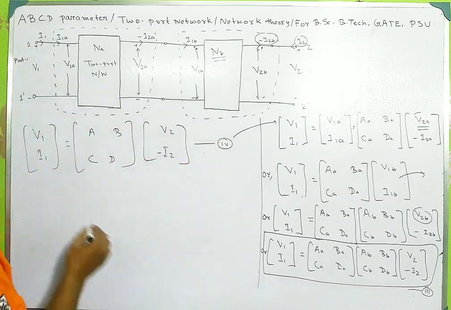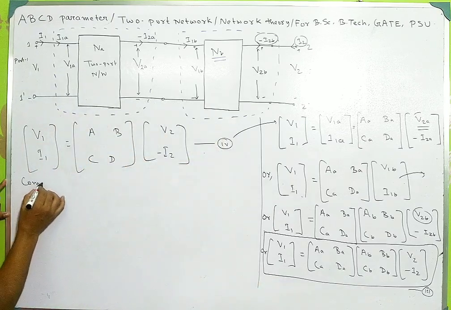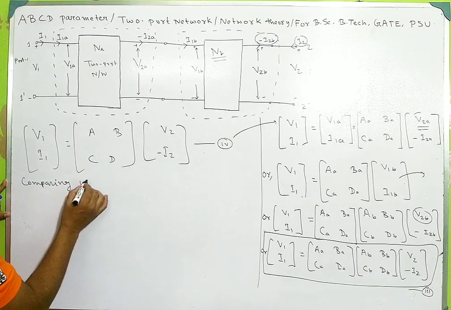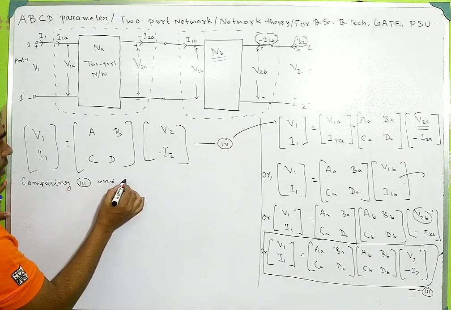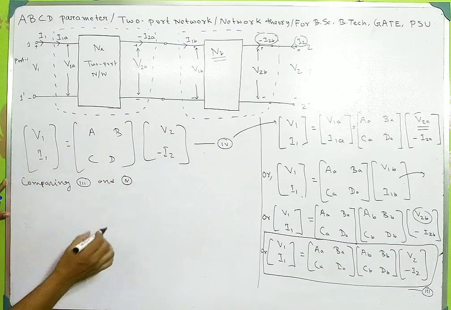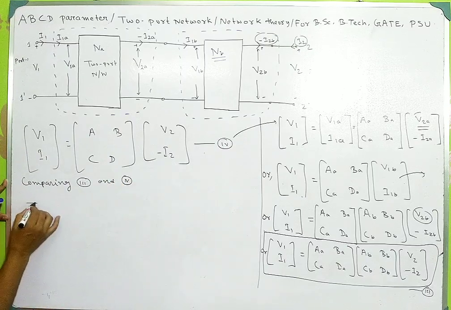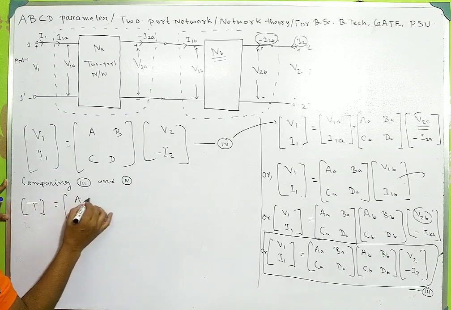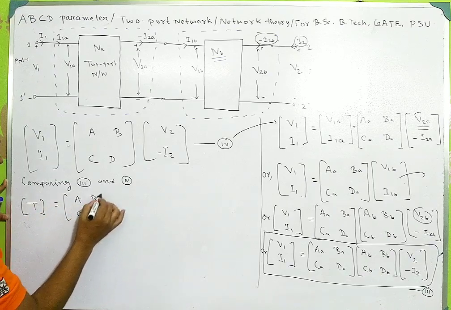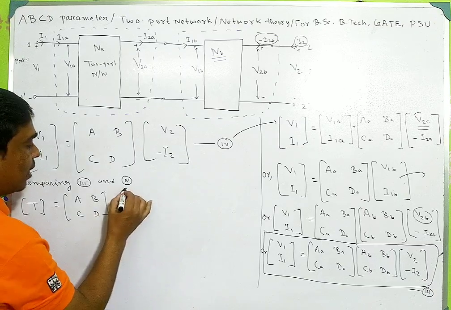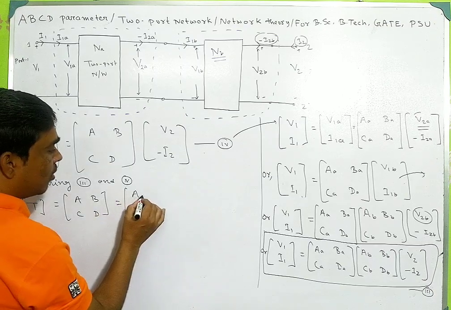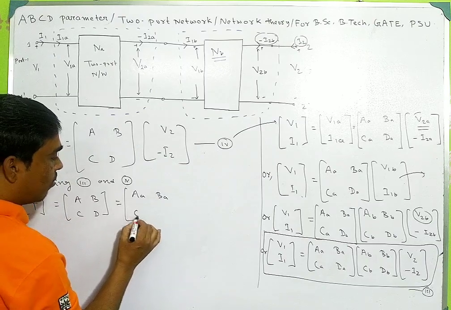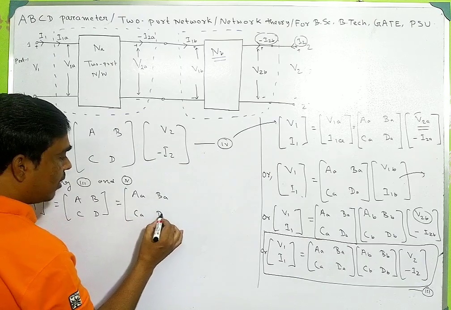So if I compare 3 and 4, we can say the total transmission parameter of this cascading network, that means A, B, C, D, is given by the product of the individual ABCD parameters of the cascading network.